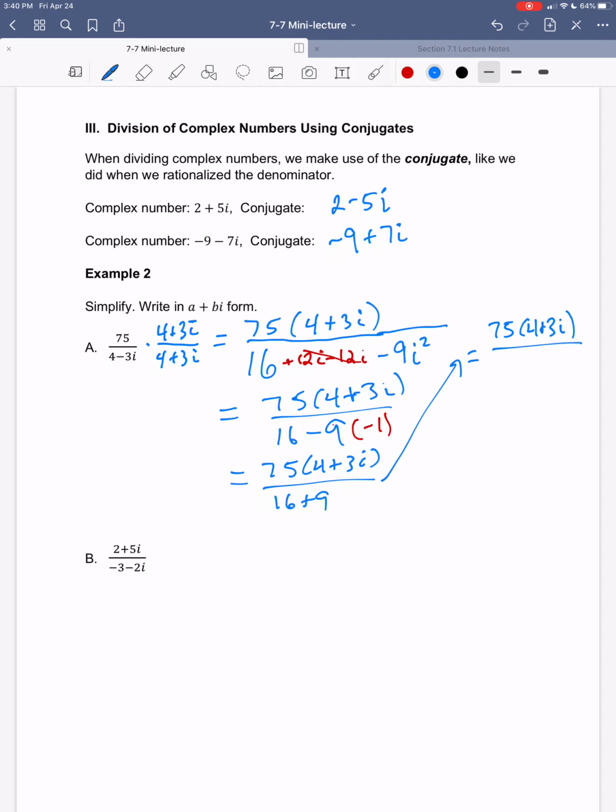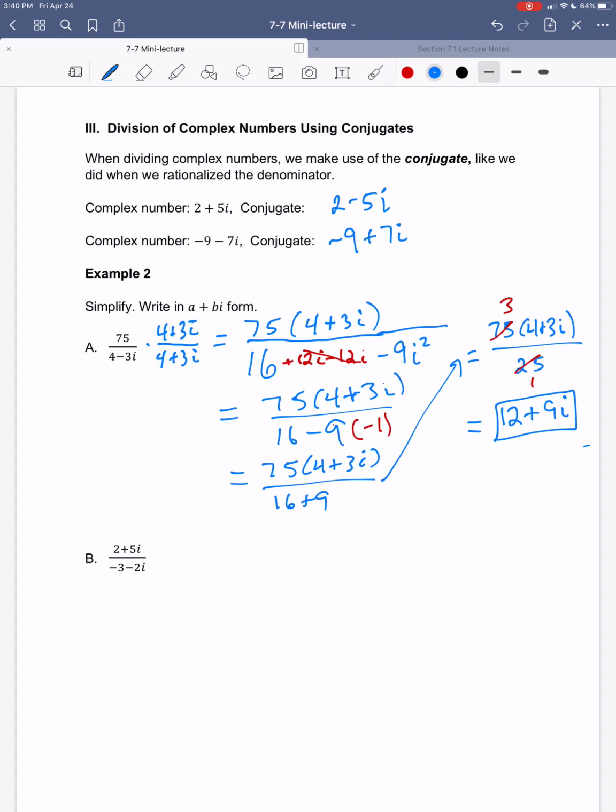So I end up getting 25 in the bottom, and of course then I can cancel. 25 goes into itself once, goes into 75 3 times, and now I can distribute. 3 times 4 is 12, 3 times positive 3i is plus 9i, and it would all be over 1, but that just goes away. So that would be my result.